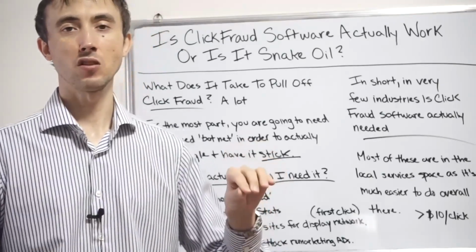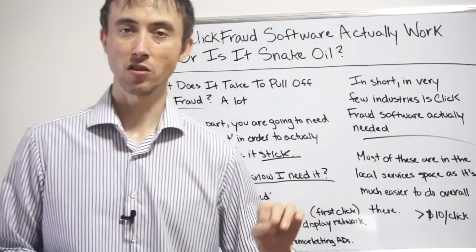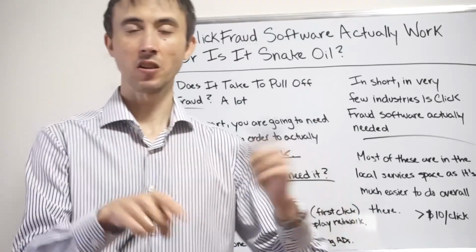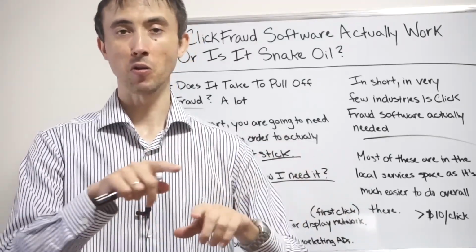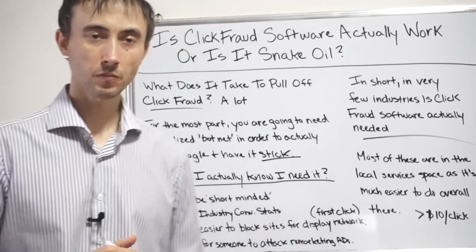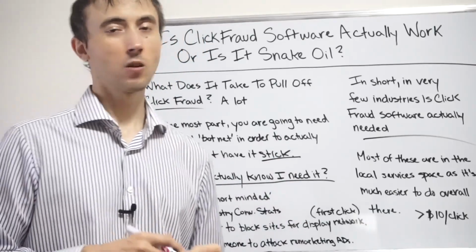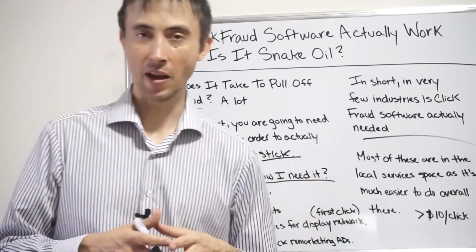Because those are the pages that are probably run by webmasters that are trying to pay people to click on their own ads to get more money from Google and therefore more money from you. And so with that, you don't need click fraud software.